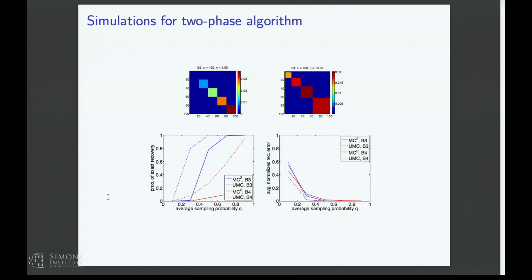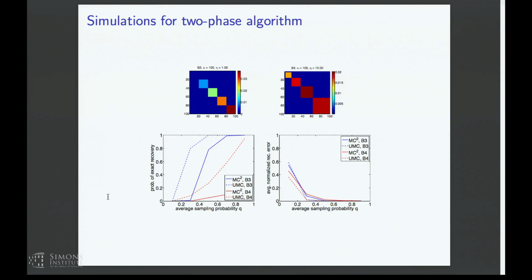Then we increased the condition number and looked still. So increasing the condition number here corresponds to changing the values of the blocks to making the values more dynamic.